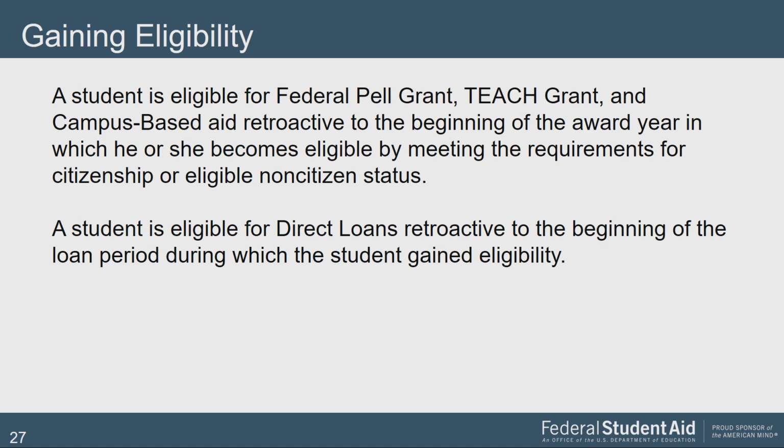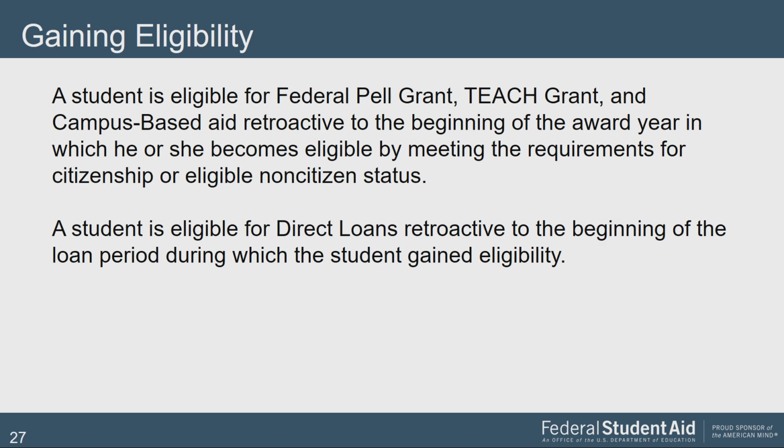As an example, let's say you have a fall and a spring semester, and I came to your school in the fall, but I didn't give you my eligible non-citizen documentation until April of the next year. The award year started July 1st, so you'd be able to award me Pell, TEACH Grant, and campus-based aid for that entire award year.